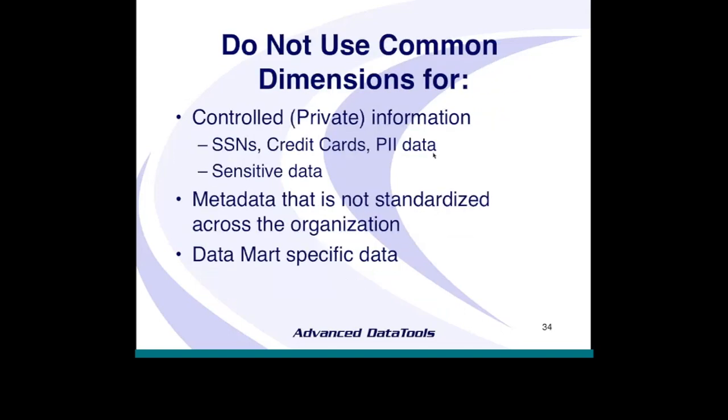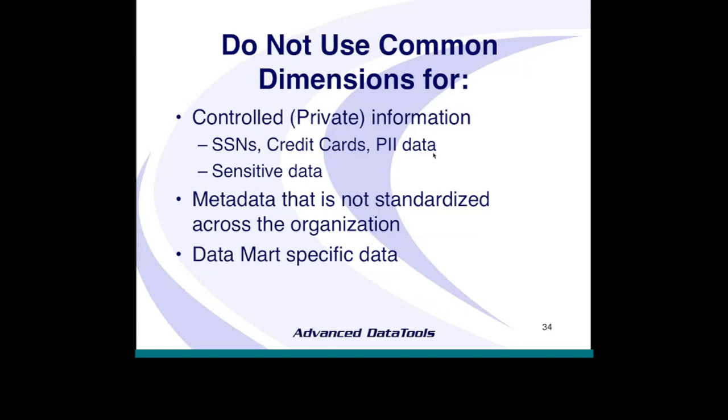Now, common dimension tables should not be used, or are not good, for private information. Things that are sensitive, Social Security numbers, credit cards, because you want this data to be accessible to everybody. Private or sensitive data probably needs to be stored in separate dimension tables that are specific for the Data Mart that needs them.